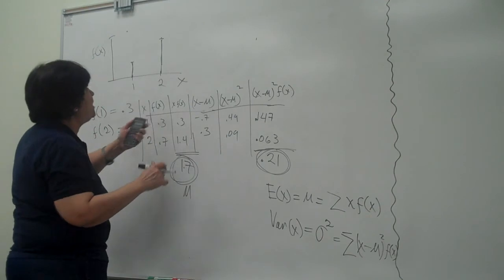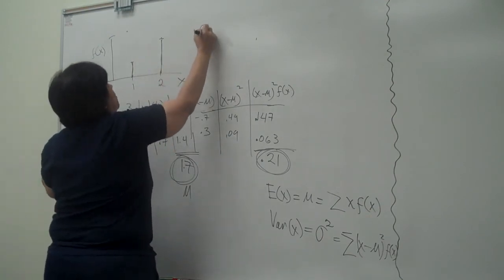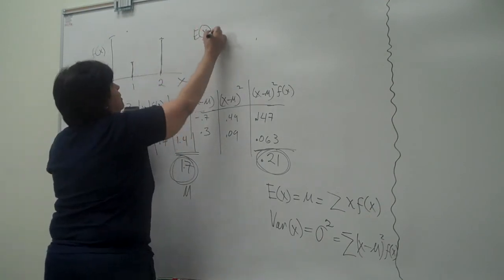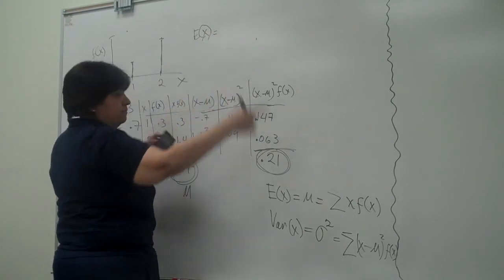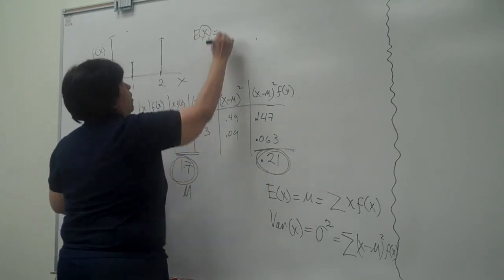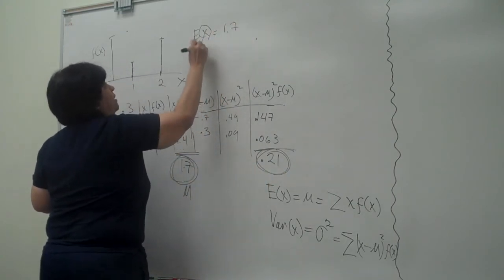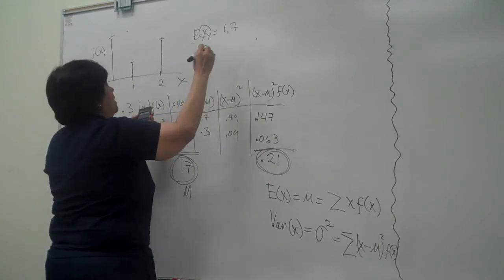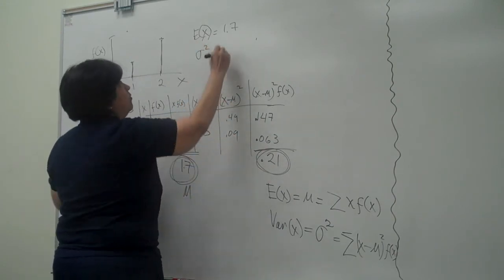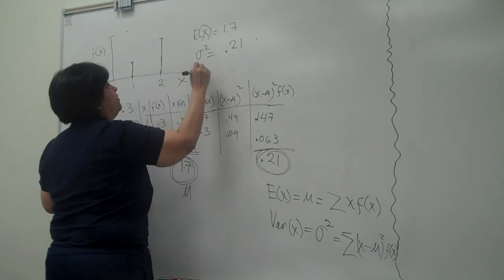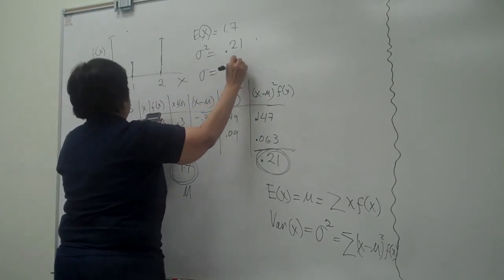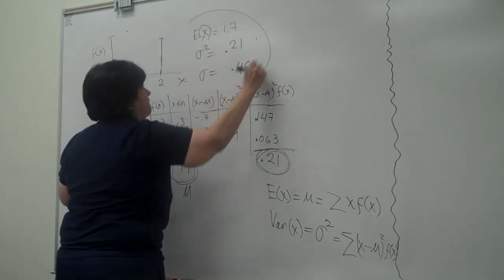So the expected value of this particular function is 1.7. The variance is 0.21, and the standard deviation is equal to 0.46.